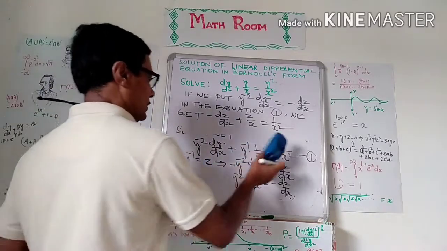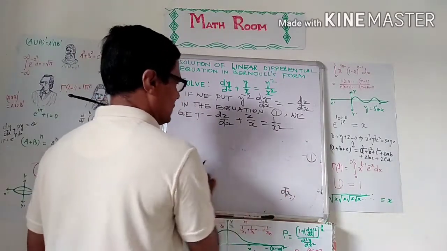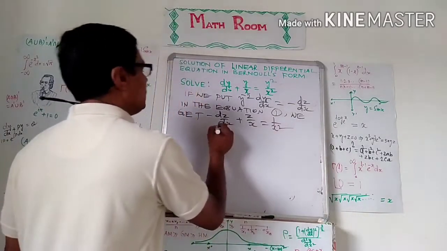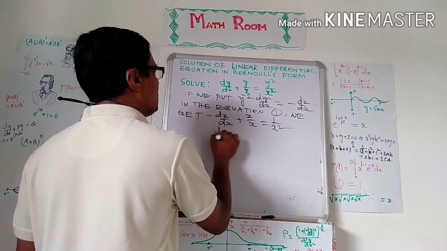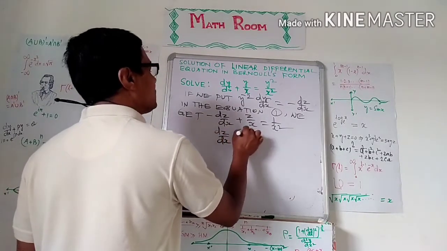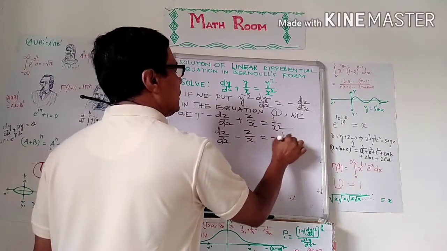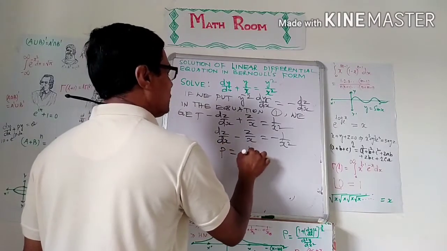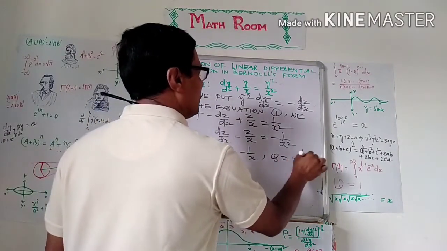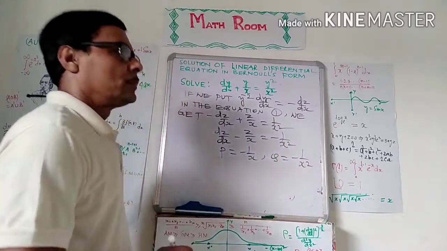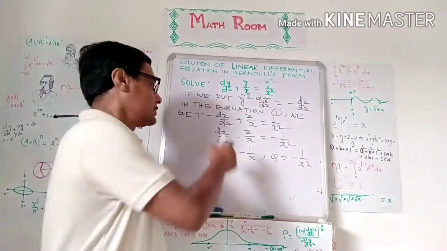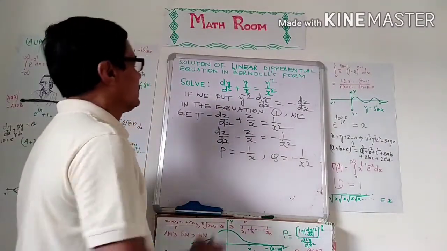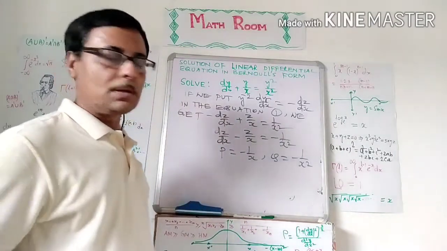This is a perfect linear differential equation. So we can write dz/dx minus z by x equal to minus 1 by x square. Here p equal to minus 1 by x, and this is the linear form of a first order differential equation. So we can solve it by using an integrating factor.